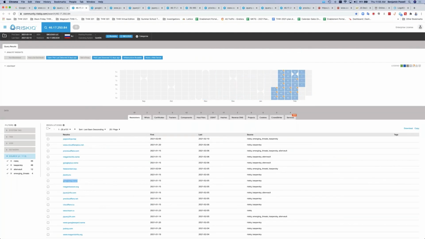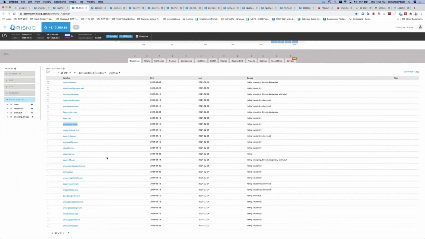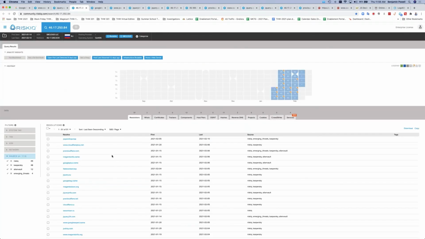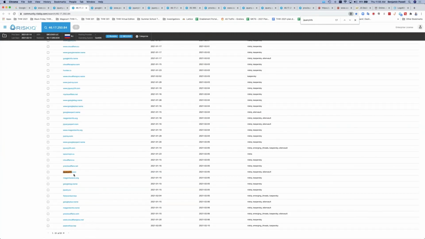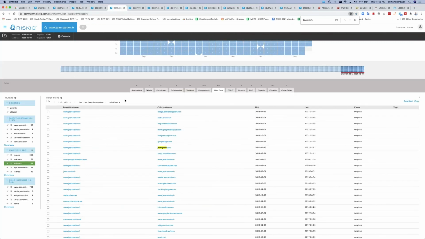So let's look here. So I'm going to go back to this list and see. There's 51. I'll go to 500. Command F, jQuery info. Yep. So this was popped twice as well. It's associated with the bad. So now let's go find the script and see if it's similar or different.